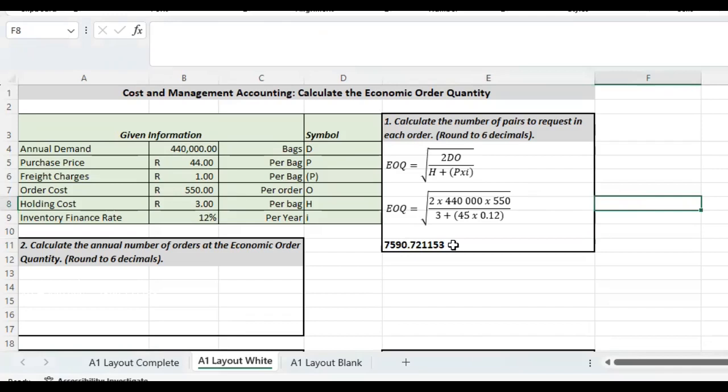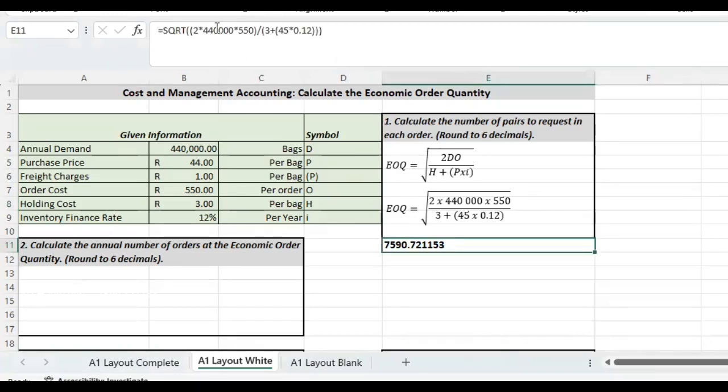Okay, please note here that if I put the answer here, I just see how the formula was used in Excel. You are not using Excel. You must be sure that you keyed in correctly on the calculator that you are using. So in sequence on the calculator, you will put in the square root sign, bracket, 2 times whatever your annual demand is, multiplied by whatever your ordering cost is, divided by second bracket.